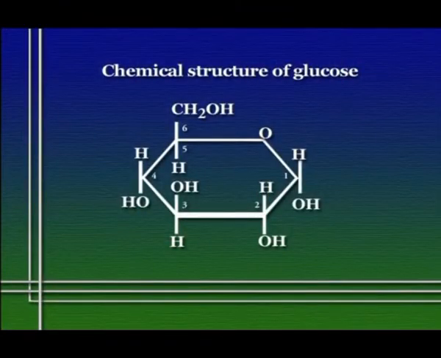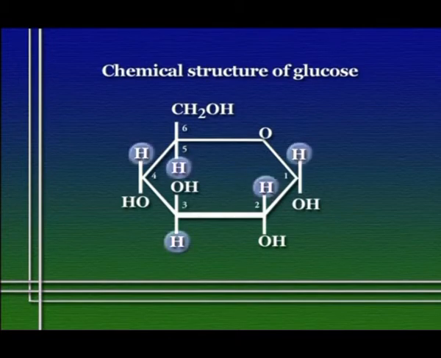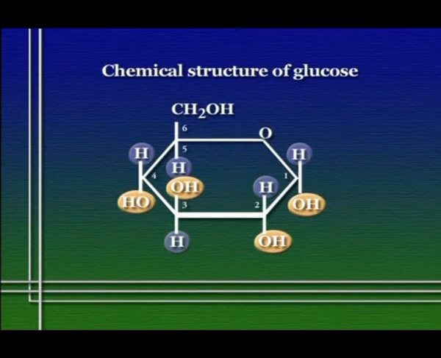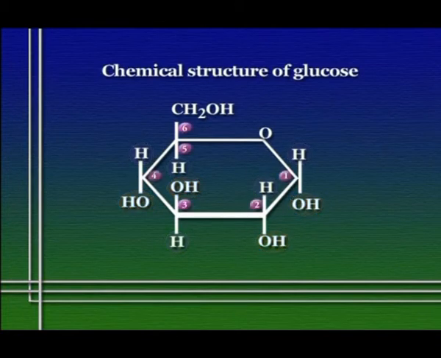Like all sugars, glucose is basically a chain of carbon atoms bonded to each other. And each carbon atom in a molecule of glucose is bonded also to a hydrogen atom and to what we call a hydroxyl group. A hydroxyl group is just an oxygen and a hydrogen themselves bonded together. Now, glucose is a 6-carbon sugar.